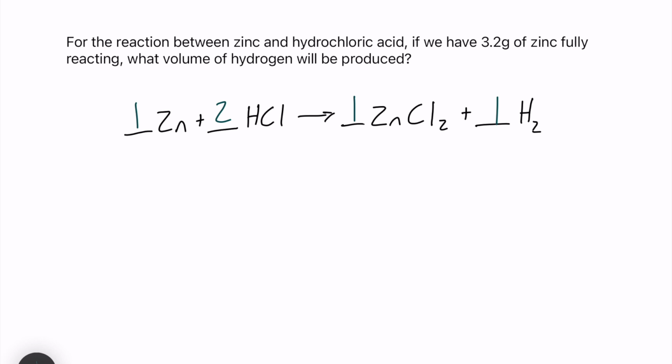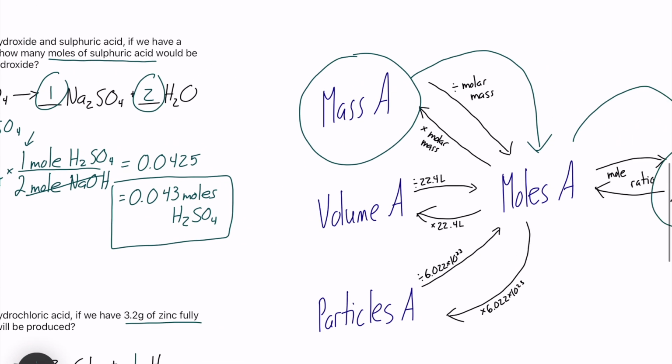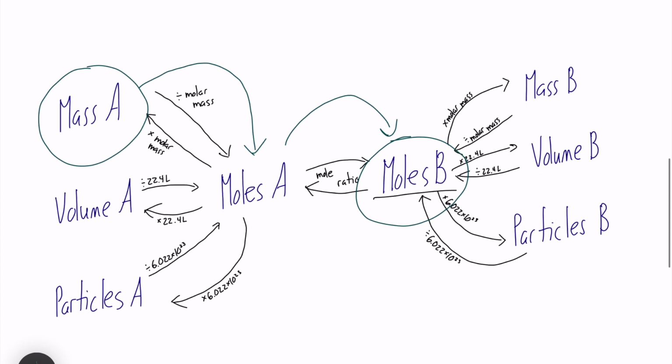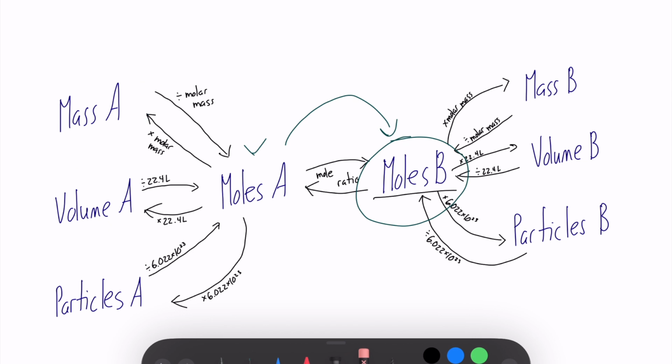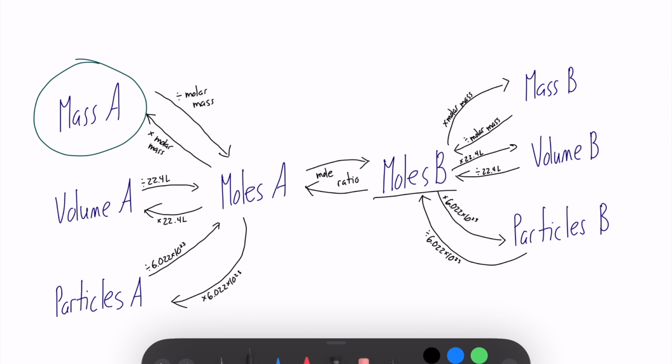So let's figure out what we are trying to get. First off, we have 3.2 grams of zinc, and we are looking for volume of hydrogen. Okay, so let's refer to our moles flow chart, our stoichiometric flow chart really quick. So we are starting with, I'm just going to erase from last question, we are starting with, again, mass of A. Since we are starting with zinc, zinc will be our A substance, and we are going to volume of B. Okay, since hydrogen is our B substance, we're going to hydrogen.